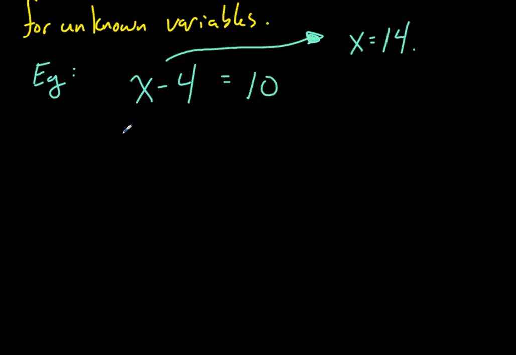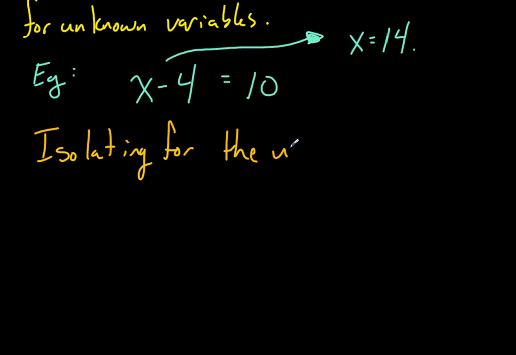Something like this is probably not necessary, but just to remind you of the technique of how we go about doing this, let's go through that. So, isolating for the unknown variable. And x is often used to represent the unknown, although when you get into physics, they use specific letters to mean specific things.